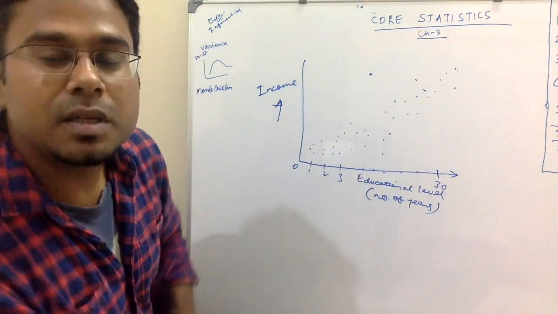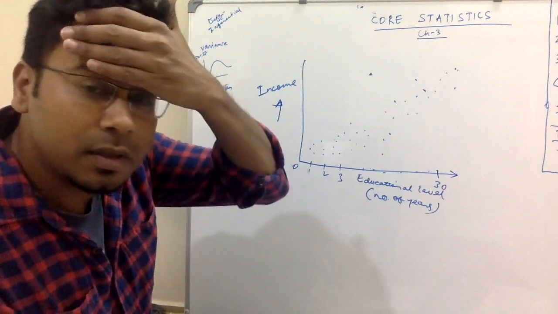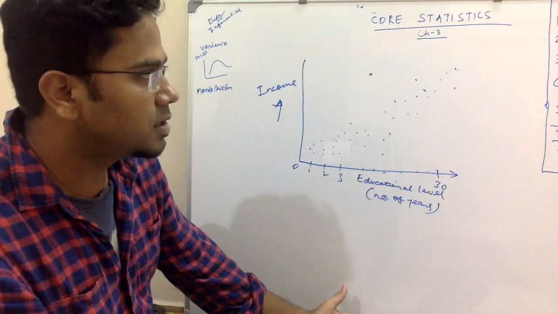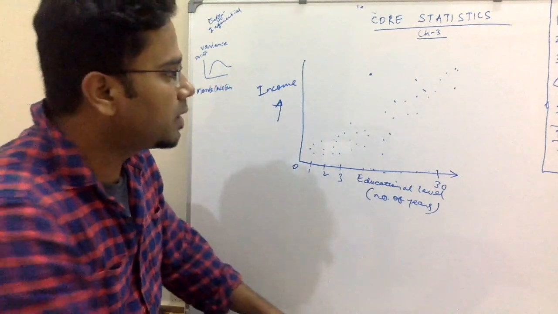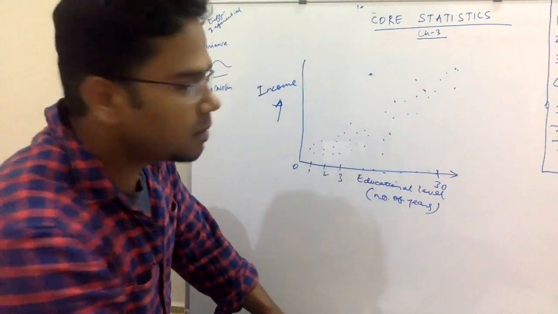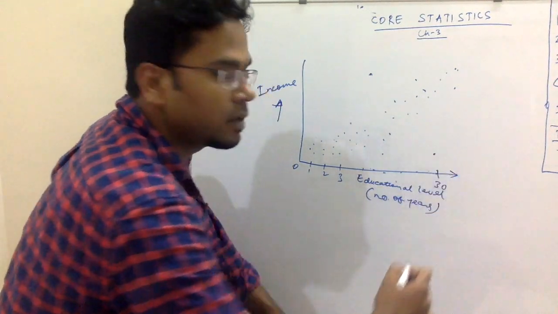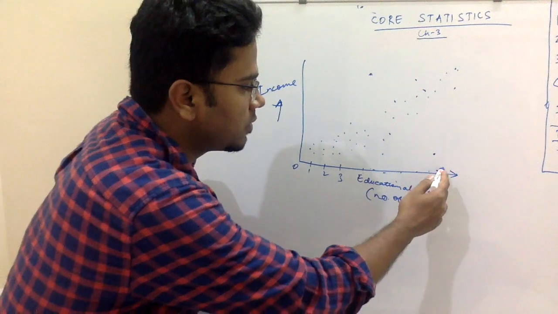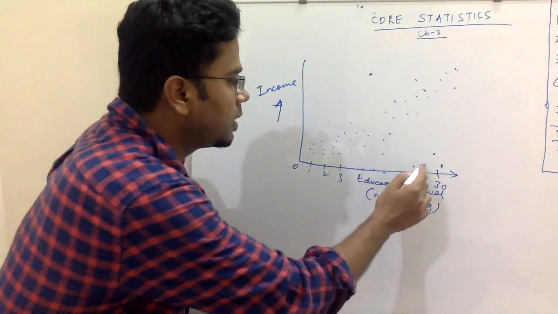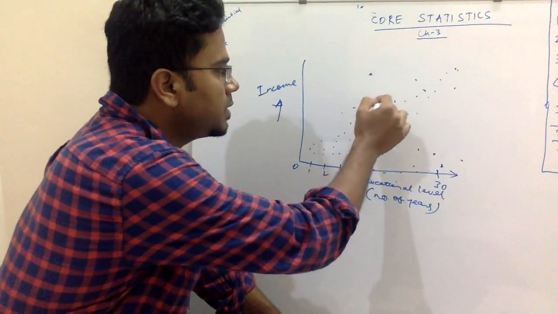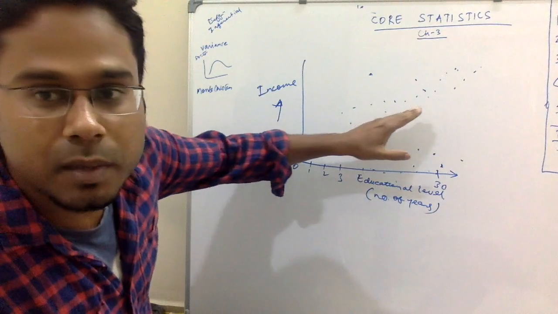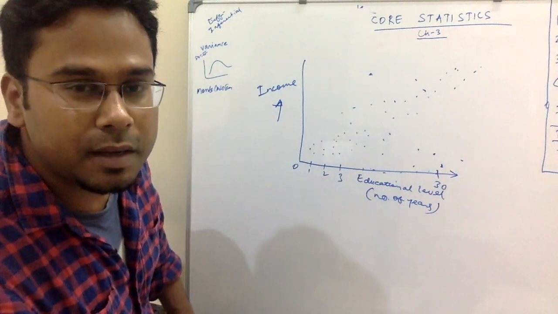If you have done a double PhD, then some really good research institute would pay them, or scholastic people would pay them, right? But of course, it can also happen that someone has a double triple PhD but they become alcoholic or suffer from a disease, so their income becomes 0. Okay, it will come here. But in general, it will follow a pattern. So you can see this line slowly going upward, right?